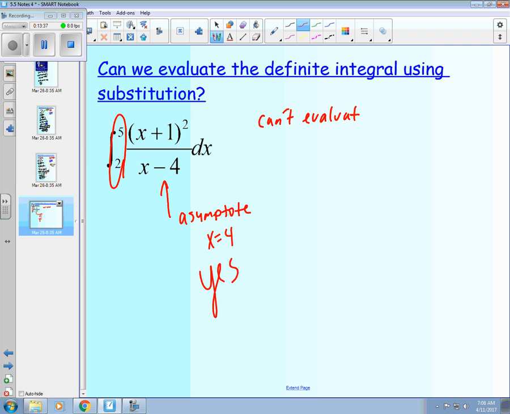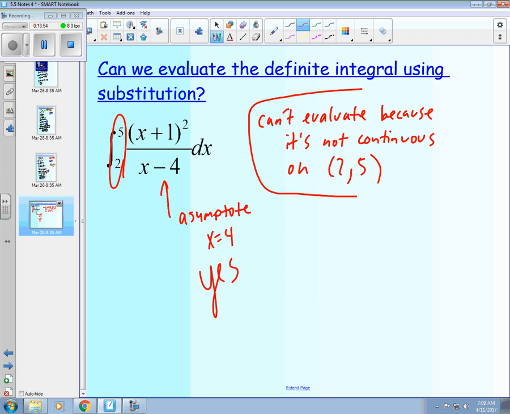This one we can't evaluate because it's not a continuous function. It's not continuous on the interval that we need to evaluate it at, 2 to 5. So always have that in your head while you're doing these, especially when there's a denominator.